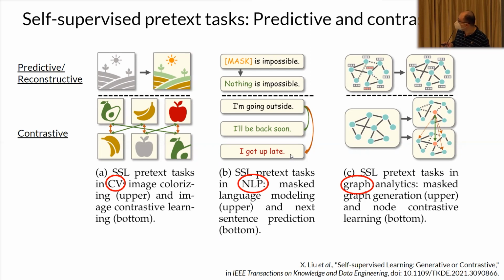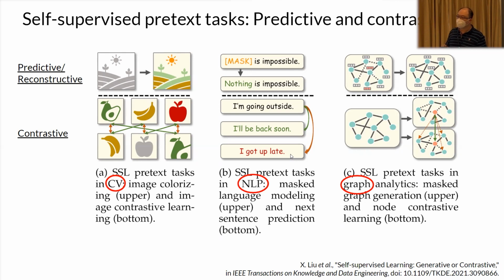And in the bottom, we have the contrastive kind of methods. We start with images of different fruits, but then for each image, we generate a new view, or we augment the image by rotating or doing some other kind of perturbations. And then we construct positive pairs and negative pairs. We assume that different banana images are positive pairs, but across banana and apple is a negative pair.